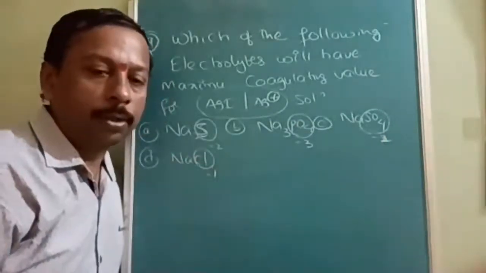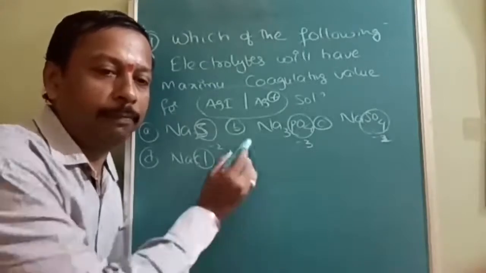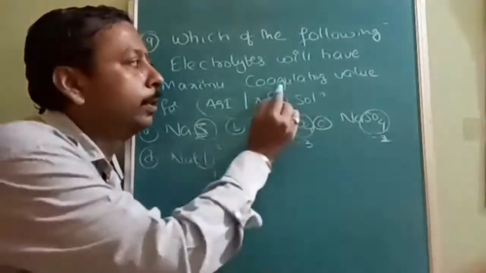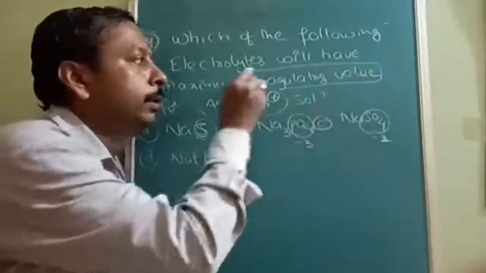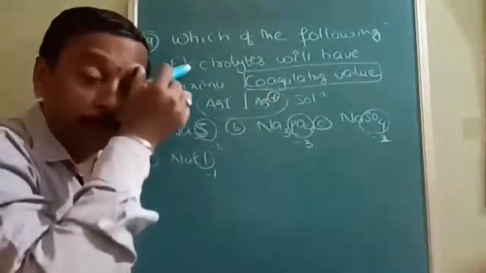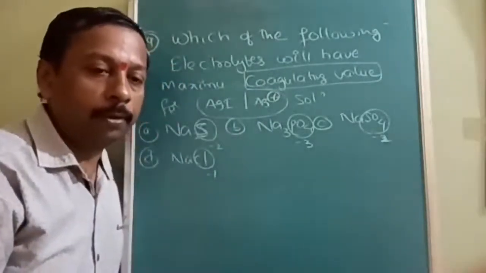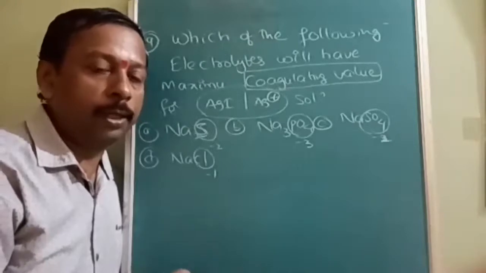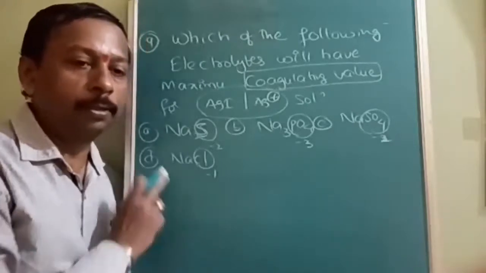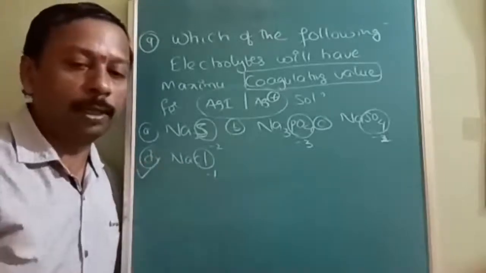Okay. So coagulating power will be highest for B. But see how tactically the question is asked. Coagulating value maximum. So coagulating power highest means coagulating value will be lowest. So you have to select the lowest coagulating power. So what is the answer? D. Cl minus, only -1 is there.